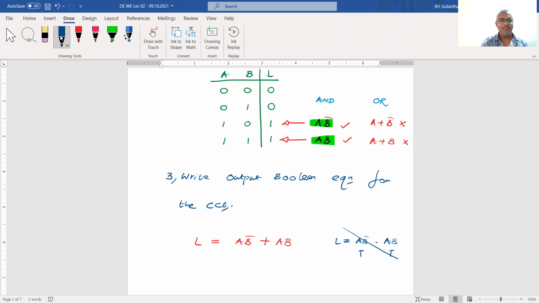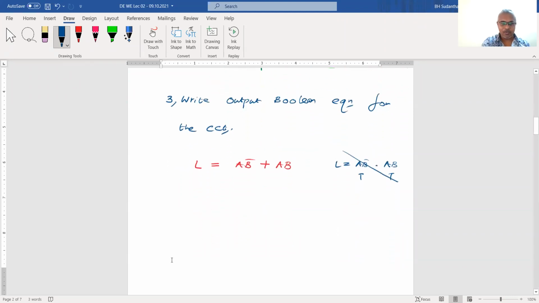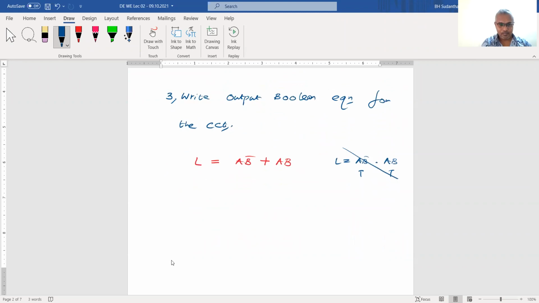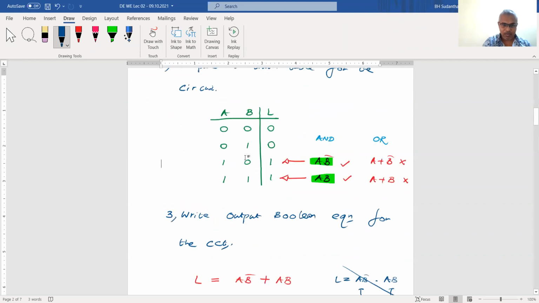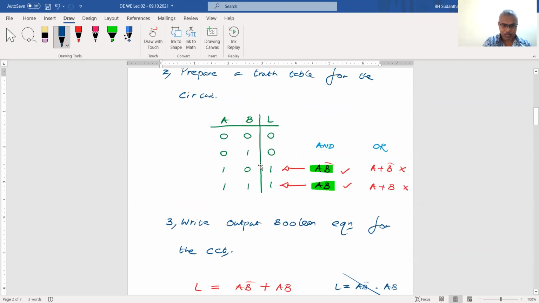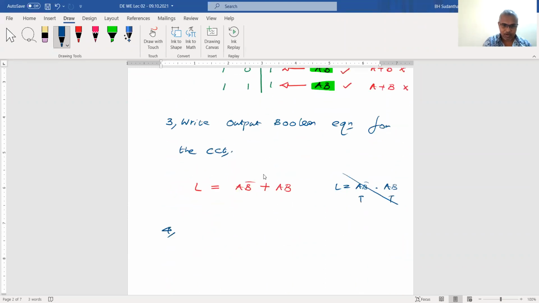Okay, then the fourth step. Now you have the equation. In the second stage, we converted the entire problem into a table. In the third stage, we converted the entire problem into an equation.